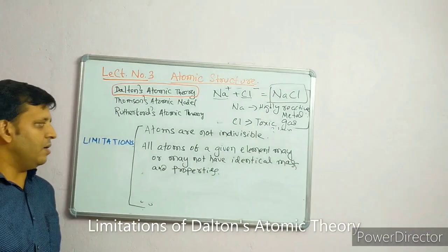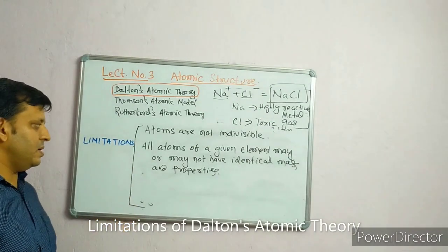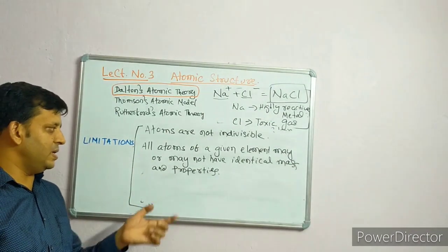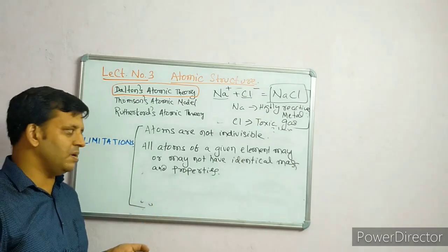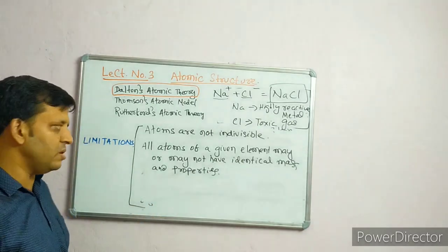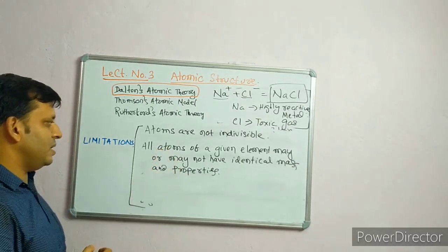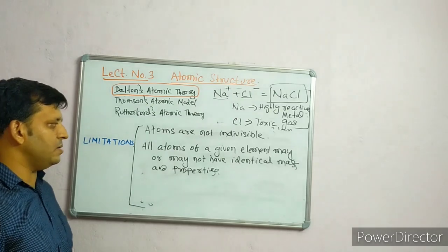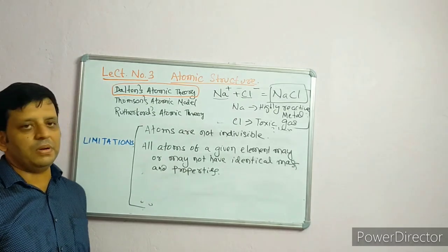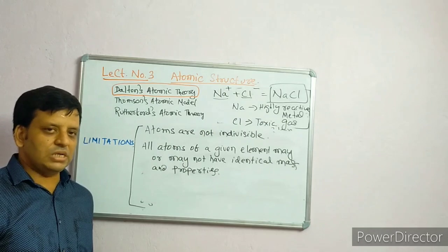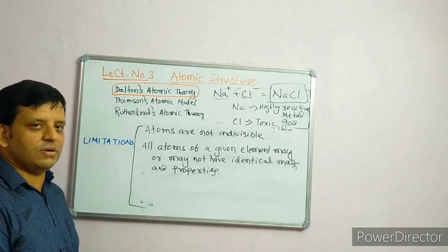He thought that all atoms of a given element are of identical mass and properties, but actually it is not the case always. All atoms of a given element may or may not have identical mass and properties. That is what is known as isotopes, which he could not explain.